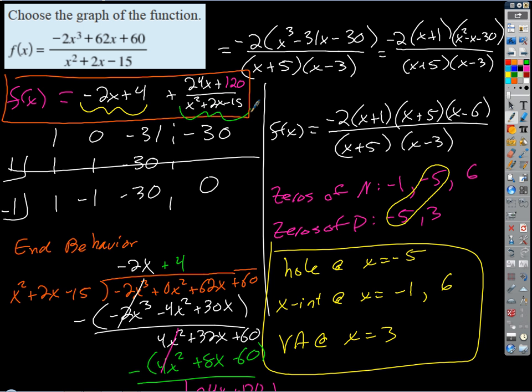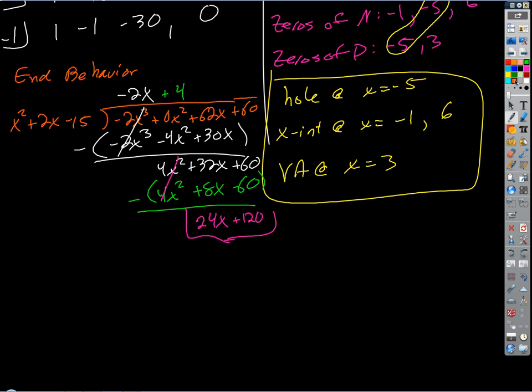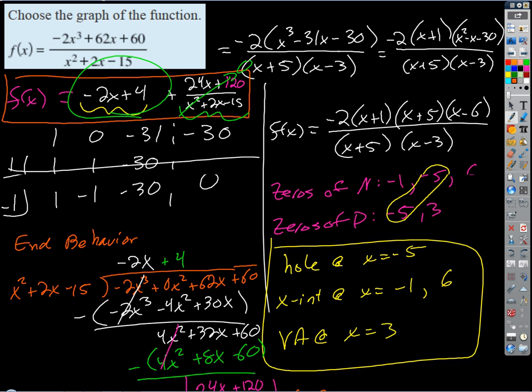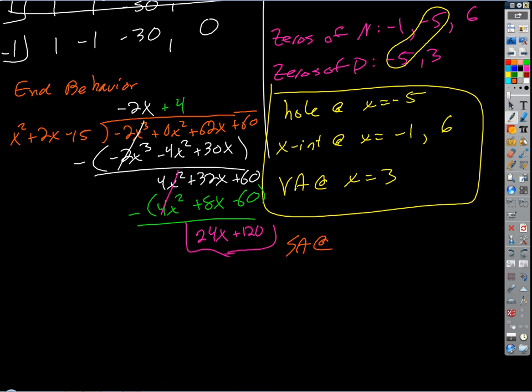Way out there. Either way you slice it, this part goes away, and so that's our slant asymptote, right? Okay, so now we've got just about everything we need.